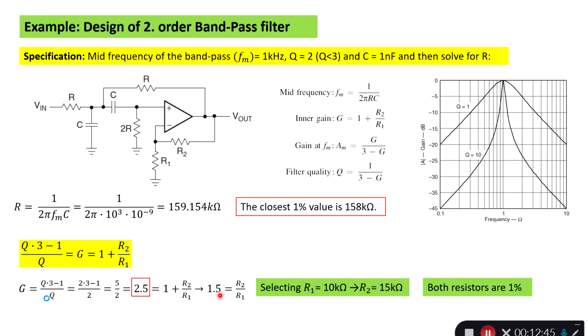It's 1.5. Then we can select a good resistor value here in the kilo ohm range. And I have selected here 10 kilo ohm. And based on the 1.5 ratio, R2 is 15 kilo ohm. And the good thing is both of them are able to become 1% resistors, so they are in the E series already. So this is a possibility.